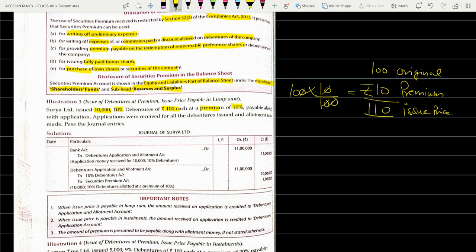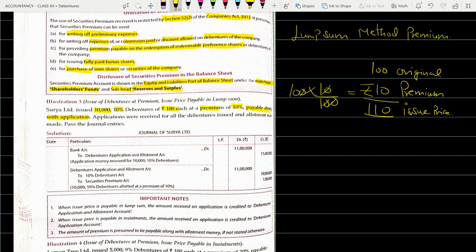Whenever they use the term payable along with application, it is nothing but the lump sum method. So even this is the lump sum method at premium. Earlier we saw the lump sum method at par; here it is the lump sum method premium concept.